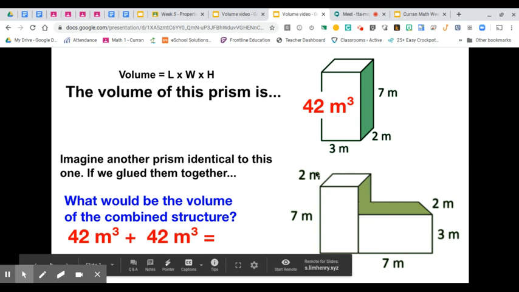So I would need to take the volume of the first rectangular prism, which was 42 meters cubed, and then the volume of the second rectangular prism, which, since it's the same, would be 42 meters cubed. And I would need to add the two structures together, just like I glued them together, to get a total of 84 meters cubed.